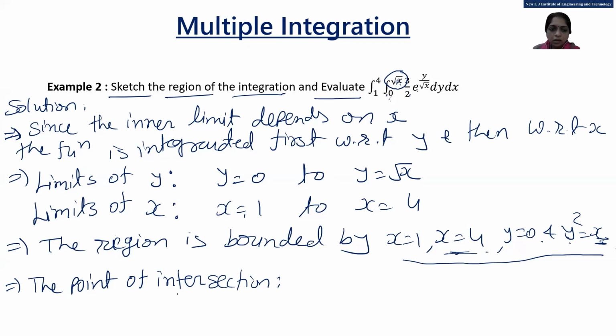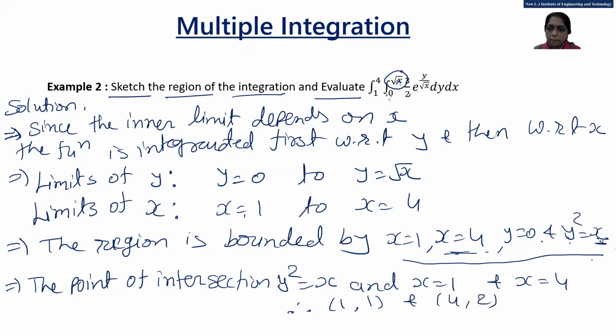Agree? The points of intersection of y square equal to x with x equal to 1 and x equal to 4 are (1, 1) and (4, 2).